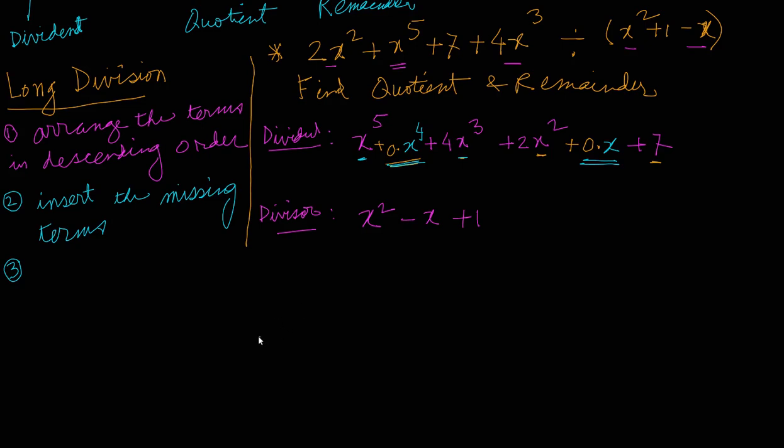So I am going to write down the divisor here. What is my divisor? x square minus x plus 1. All right, and then what is my dividend?